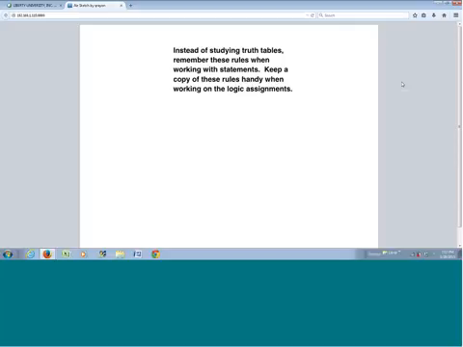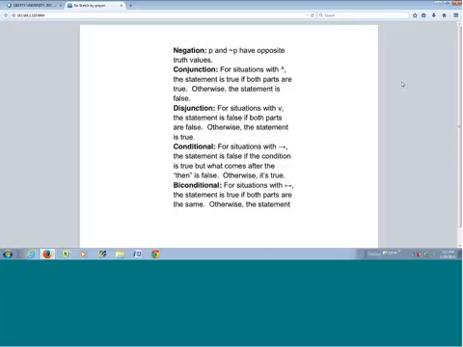So instead of memorizing or studying truth tables that go along with each of these symbols in logic, it's better to just remember the rules and work with the rules and keep a copy of them handy when you're working on logic assignments.